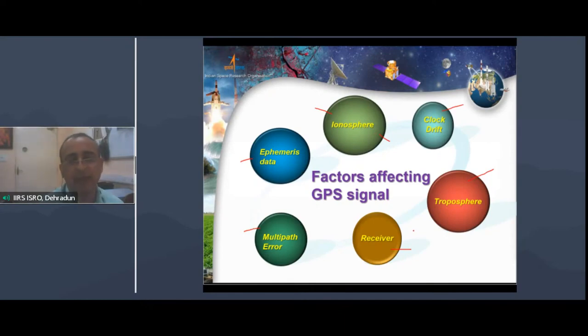So these all factors affect the GPS signals, and finally we can see the effect in the form of accuracy. With these factors, the accuracy we get in XYZ coordinates degrades. So there is a lot of error in our XYZ coordinates. We should handle these parameters very carefully, so that the coordinates we get, XYZ, are of very high accuracy.